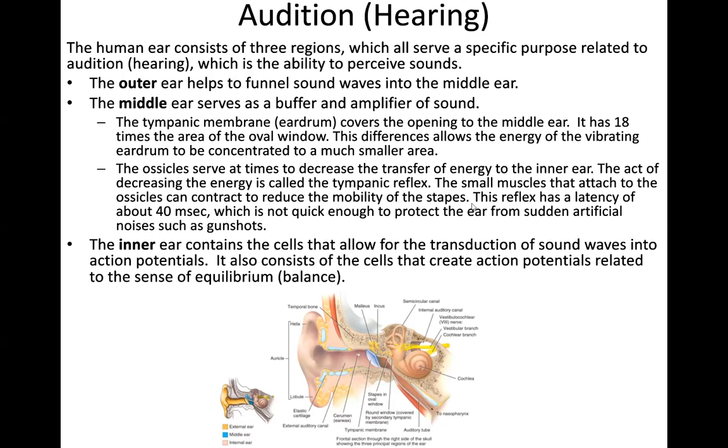They reduce the mobility of the stapes. So in other words, they reduce the energy that the stapes is carrying. Unfortunately, this reflex has a latency, a delay of about 40 milliseconds, meaning that it's not quick enough to protect the ear from sudden artificial noises like a gunshot.